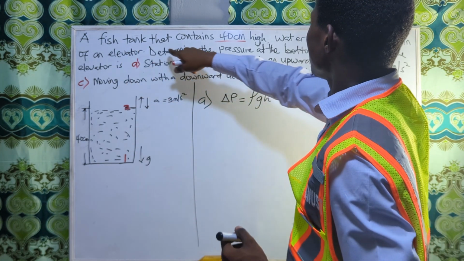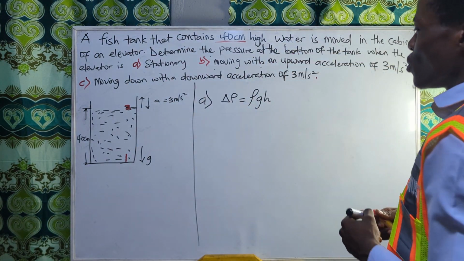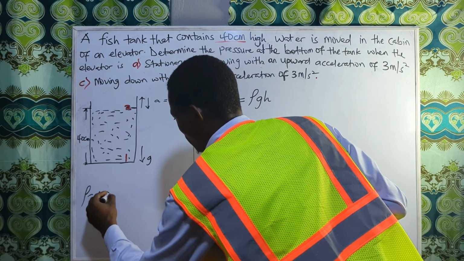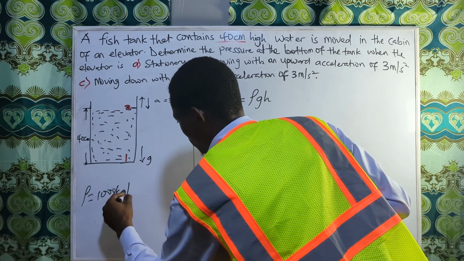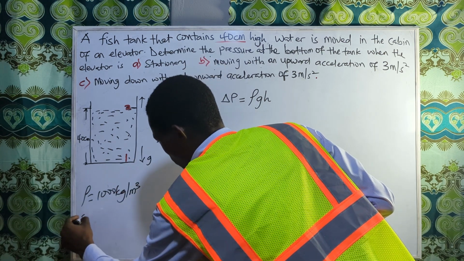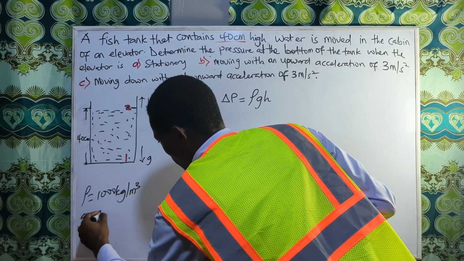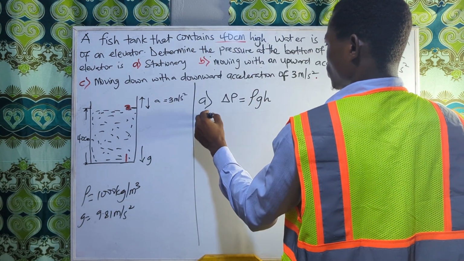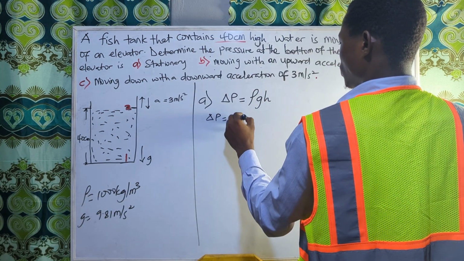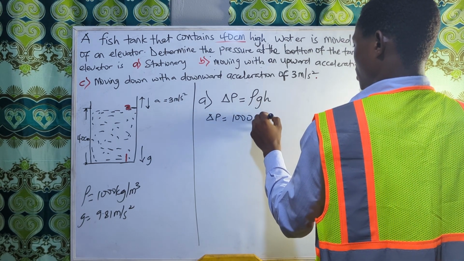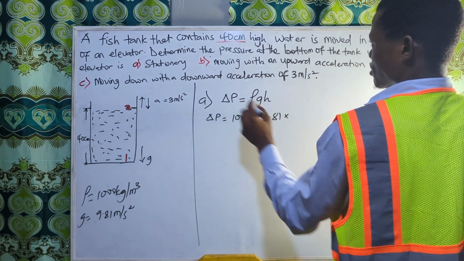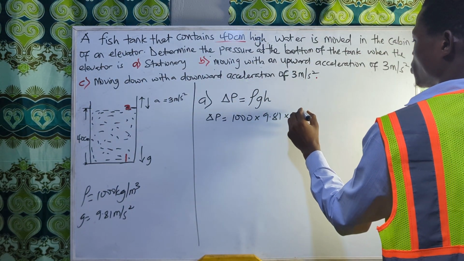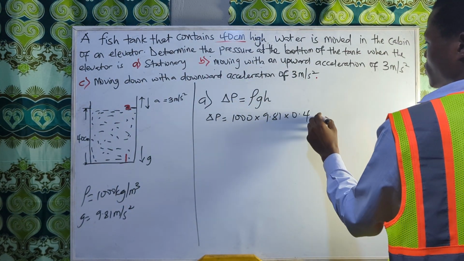Since we know it's water, we know the rho to be 1000 kilogram per cubic meter. This is one parameter we need to know. And we know the gravity to be 9.81 meters per second squared. So since we know this, we can just go straight forward and solve for this times the height here, the maximum height, that's 0.4.